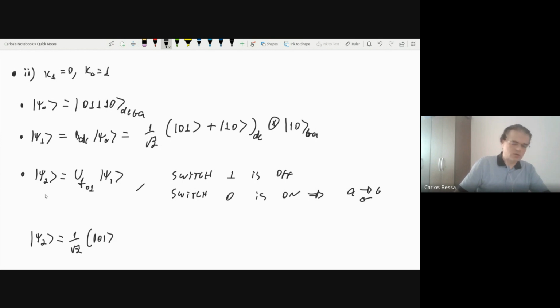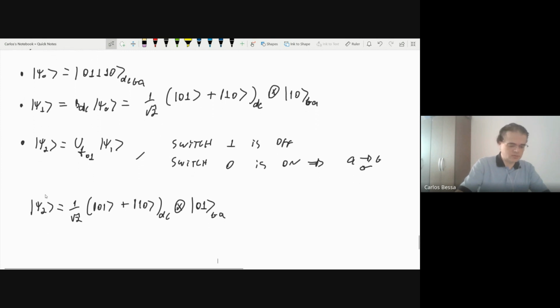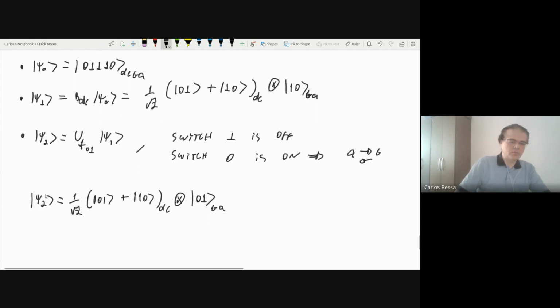0, 1 plus 1, 0, DC times, because of the switch here, we'll switch these guys, 0, 1, BA. And psi 3 will just be a phase applied to psi 2.